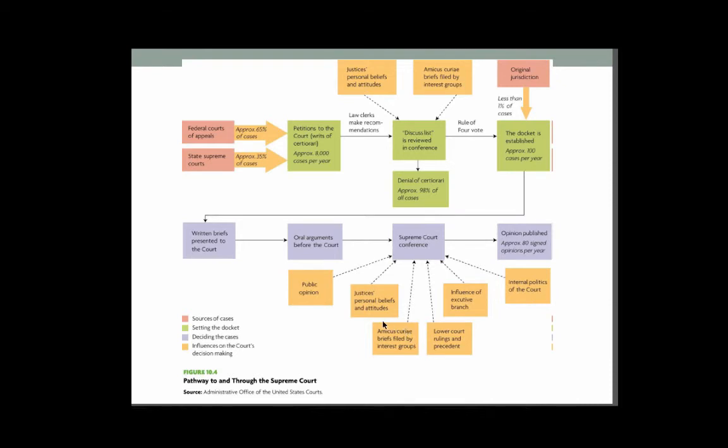Part of this is what we would call an amicus curiae brief. An amicus curiae brief, this might be on the exam. An amicus curiae brief, which could get filed at this point, are briefs from organizations that are not part of the case but have an interest in the case. So let's say it's a gun rights case.